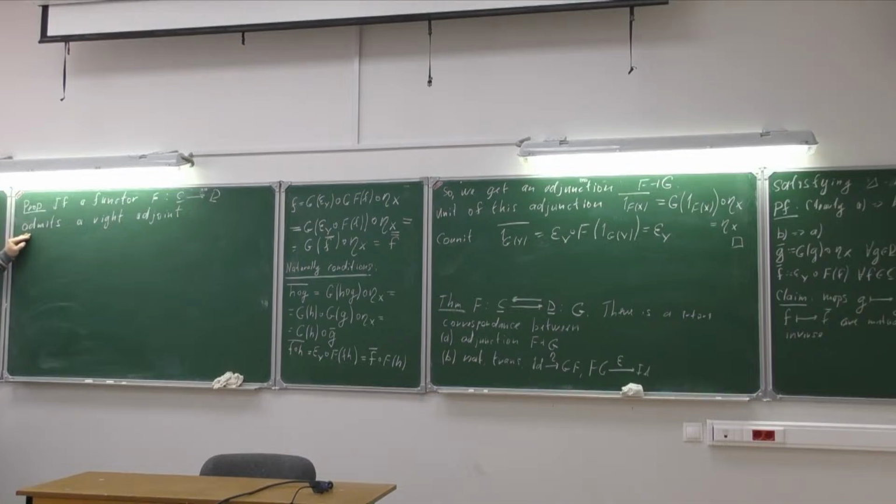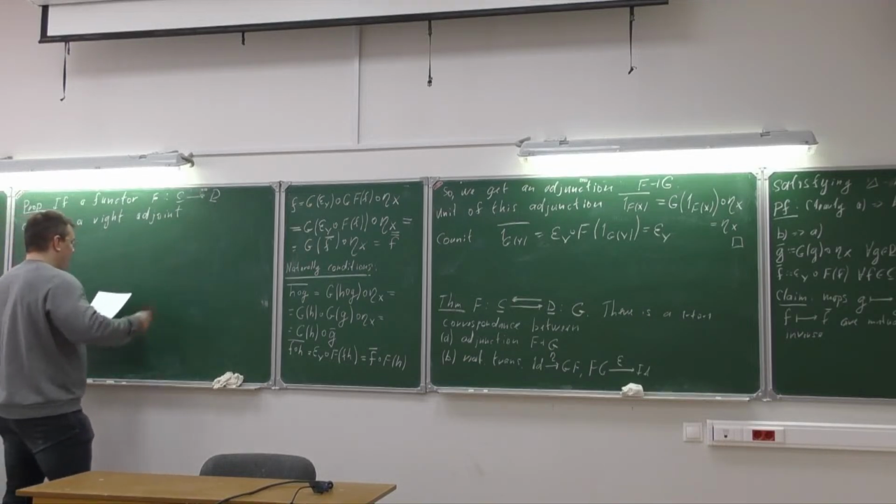I don't say that any functor, for example, always admits the right adjoint. It's a very special situation, or for the left adjoint. I know only very few examples where you have a functor and this functor admits both left and right adjoint. Usually it's only one, and again there is no guarantee that even one exists. Okay, so suppose that we have a right adjoint.